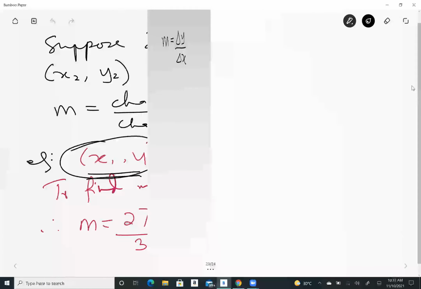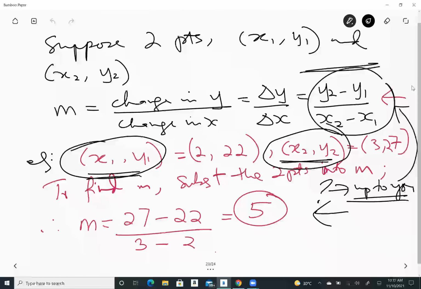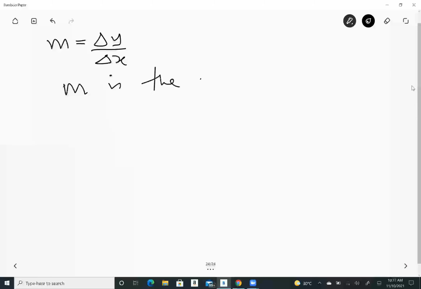So it is delta y over delta x, the change in y per unit change in x.